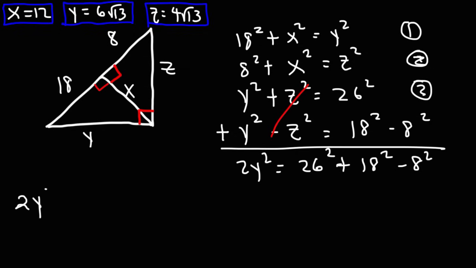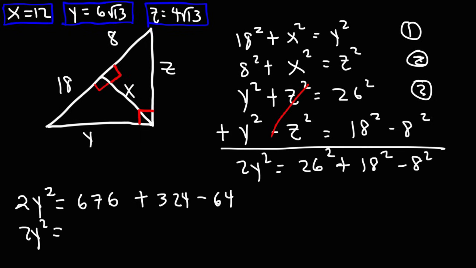Now let's plug in the numbers. 26 squared, that's 676. 18 squared is 324. 8 squared is 64. 676 plus 324 minus 64, that's 936.